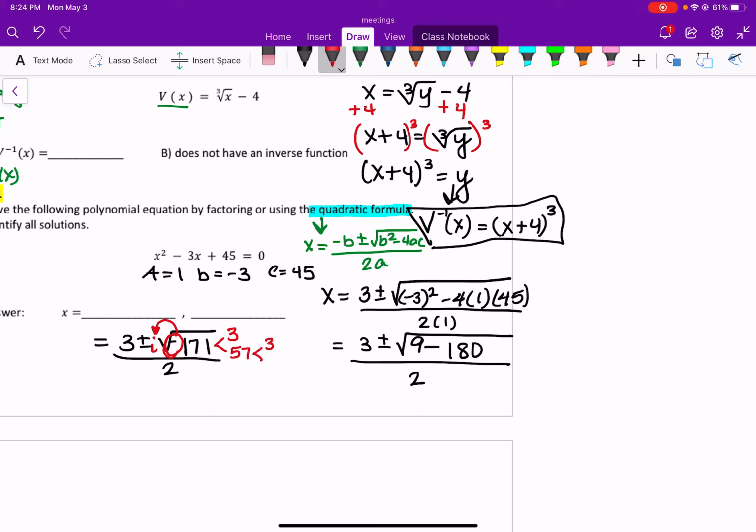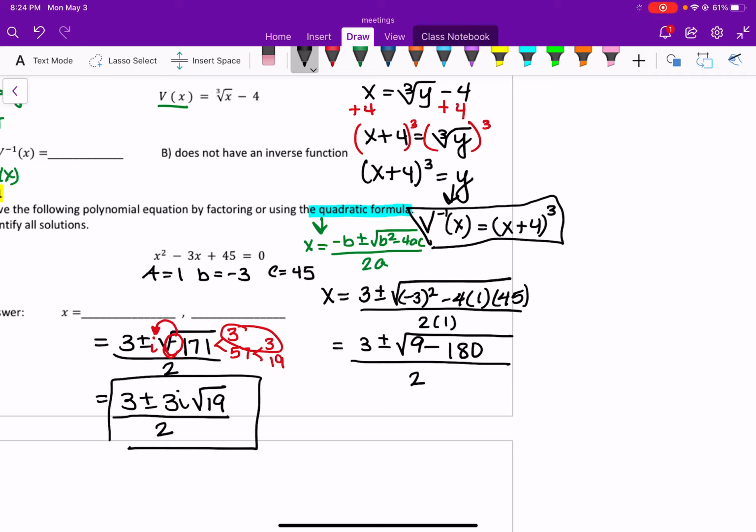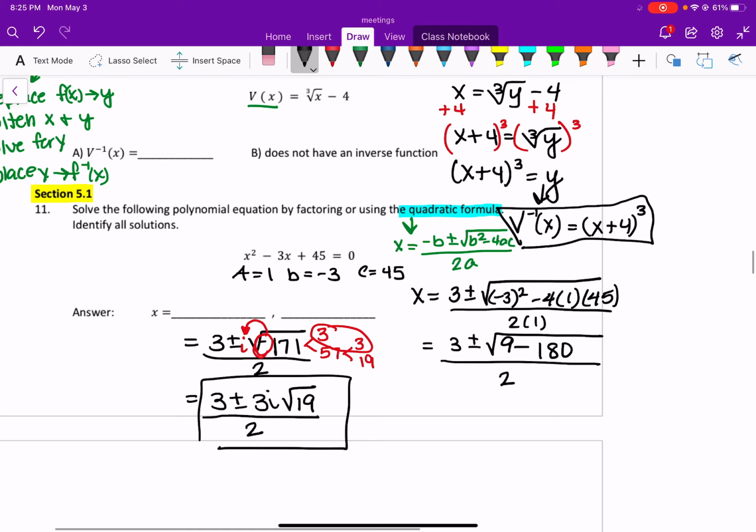This is going to be 3 and 19. So we do end up having a pair of 3s. So this is going to be 3 plus or minus 3i square root of 19 all divided by 2. And these are our answers right here. We would need to split them up into the 2 different boxes, but that would be our 2 separate answers for that particular one. All right.